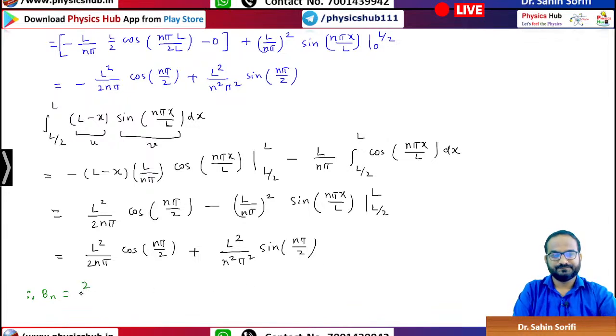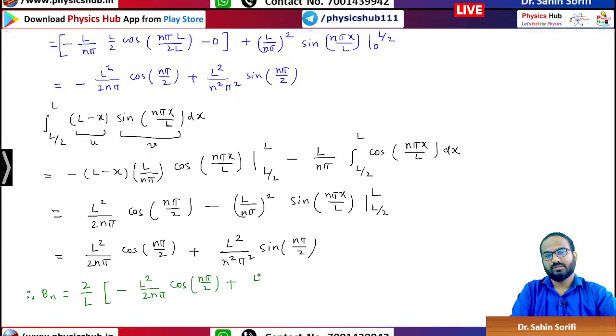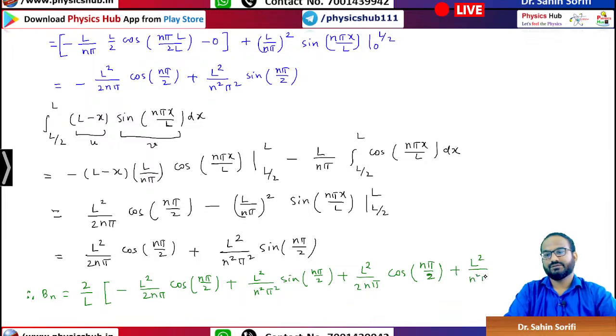So 2 by L, the first integration minus L square by twice n pi cos n pi by 2 plus L square by n square pi square sin n pi by 2, plus L square by twice n pi cos n pi by 2 plus L square by n square pi square sin n pi by 2.